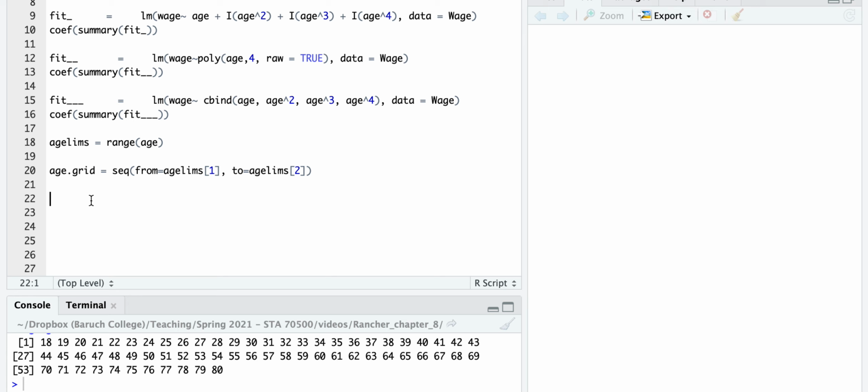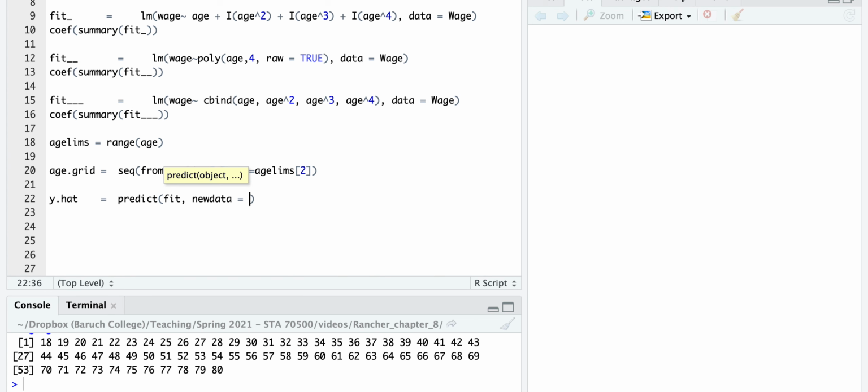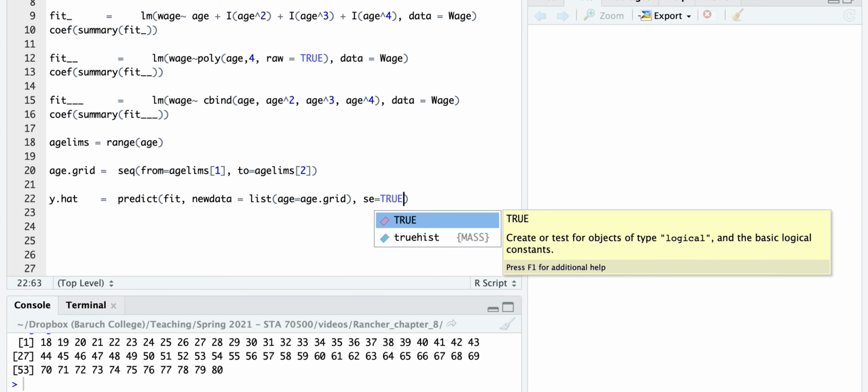Okay, so let's call this y hat, and we can just do predict. Take the fit, new data, standard errors we want, yes, true.